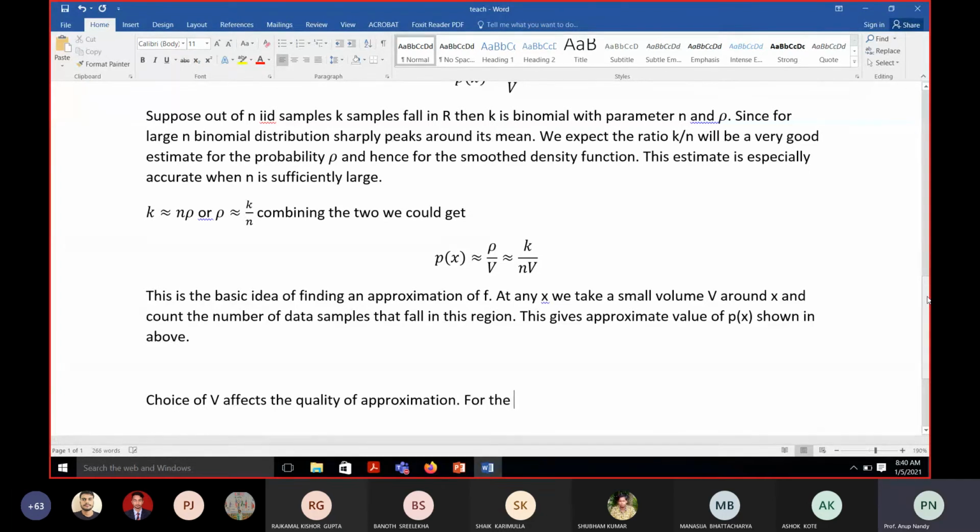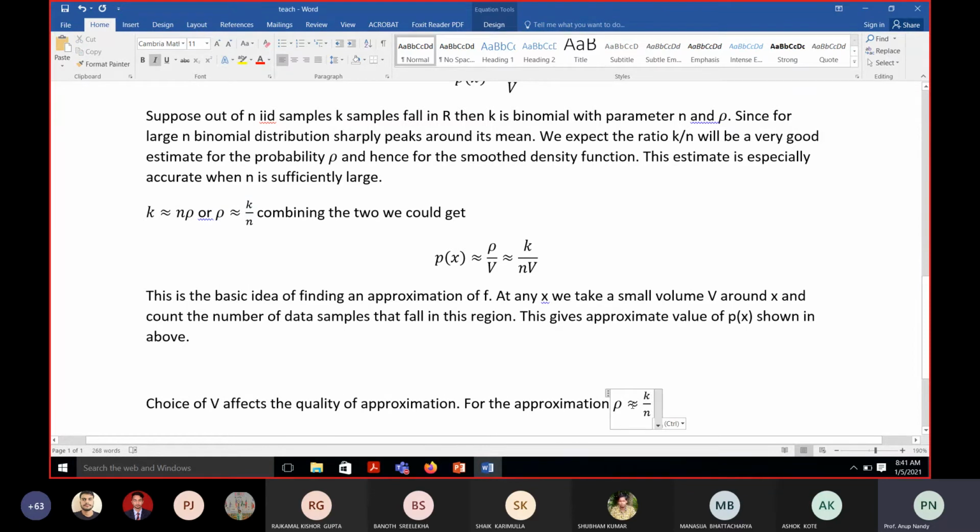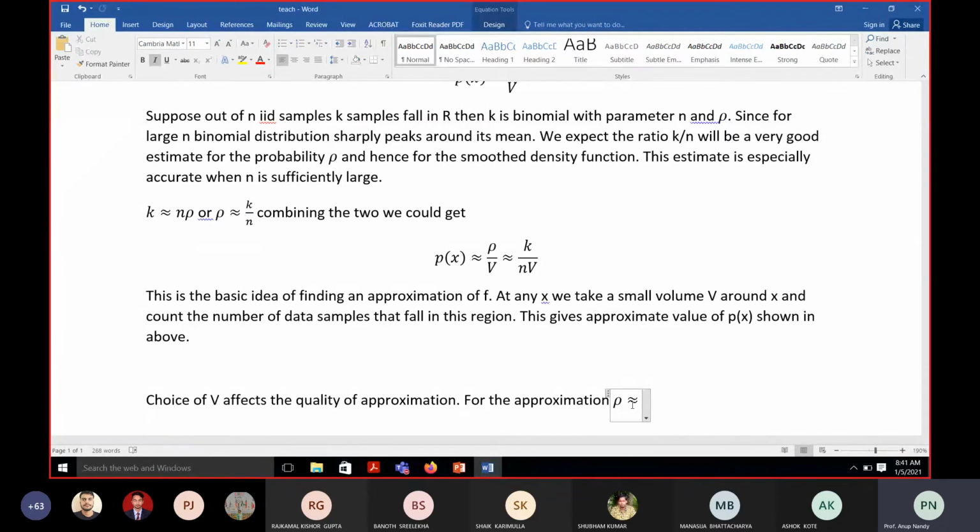And for the approximation, rho is the integration of p(x') dx', which is approximately small p(x) times capital V. Now for the approximation to be good, we need V to be small.